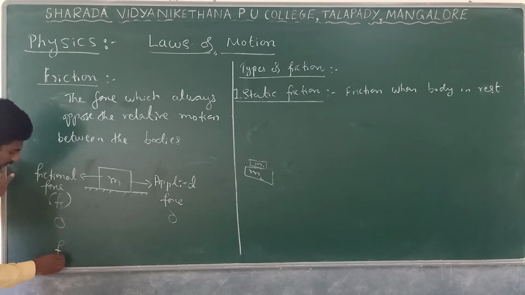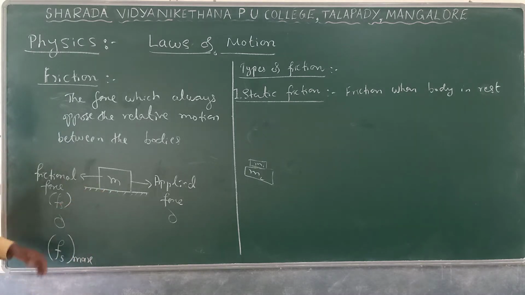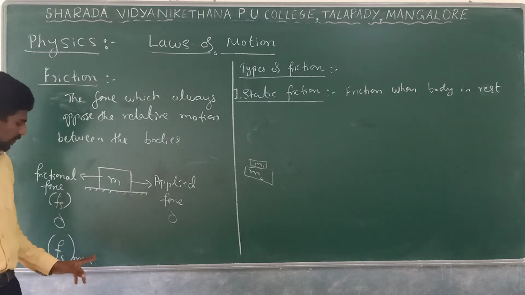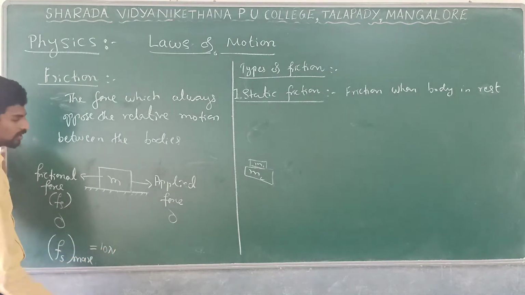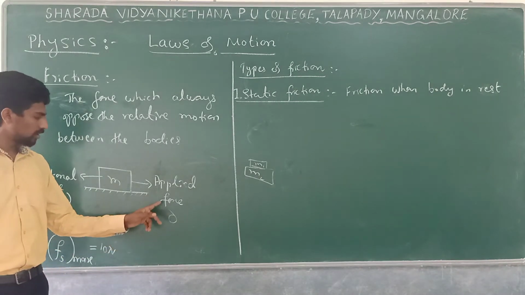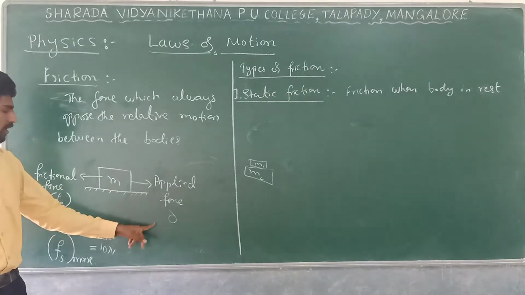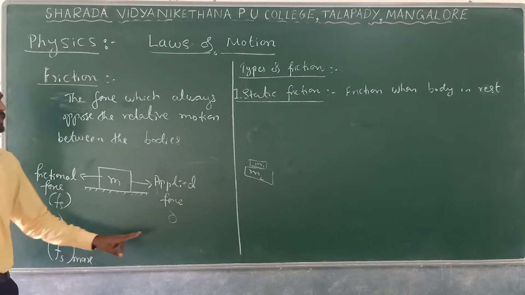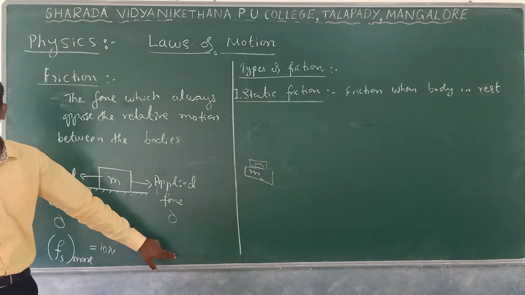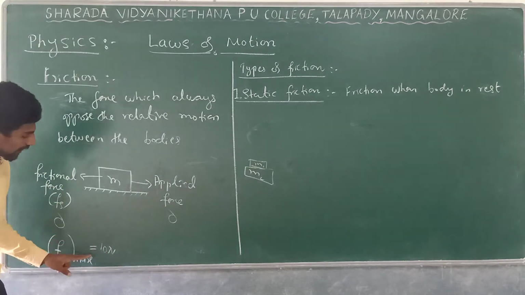Consider that maximum to be Fs. Suppose the maximum value is 10 Newton. If the applied force is 0, friction is 0. If 1, then 1. If 5, then 5. If 10, then 10. If the applied force is 11 or more than 10, friction remains 10 only.